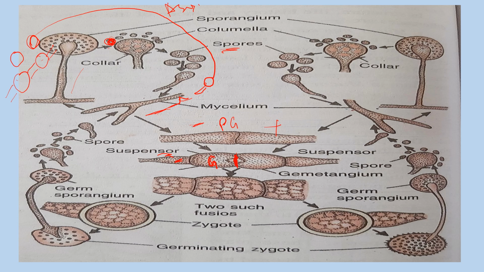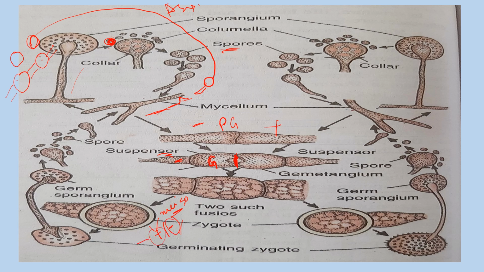Once fusion occurs, they undergo meiosis. So first there is plasmogamy, then karyogamy, then meiosis, then there is either a positive strain or negative strain single spore, because of the four haploid spore nuclei formed by meiosis, only one nucleus survives. So either positive or negative.